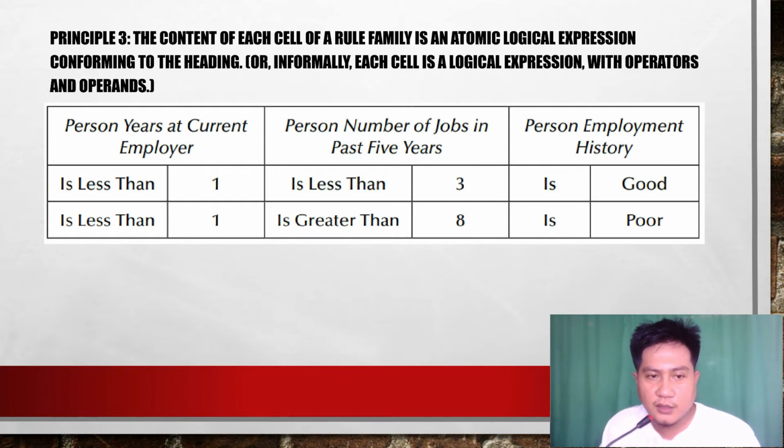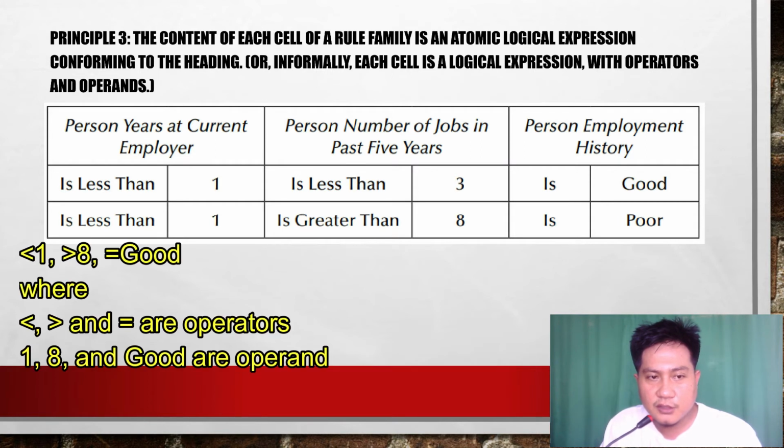So as a whole, for example, this is less than 1 is what we call a logical expression. Like this is greater than 8 is a complete example of a logical expression. Then, for example, is good is also a complete example of a logical expression. Why are those examples of logical expressions? Because they have operators and operands.